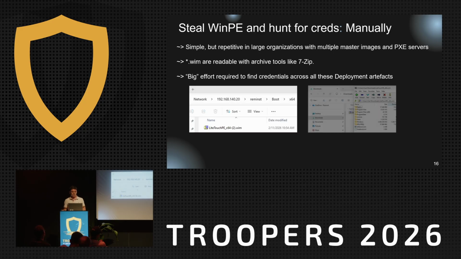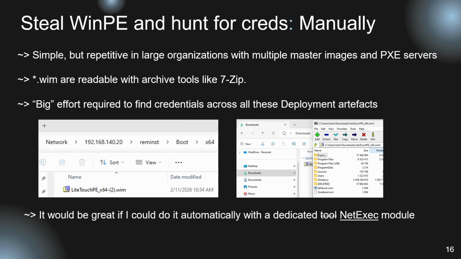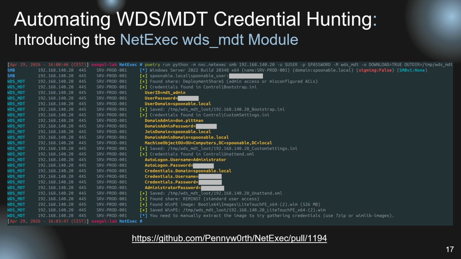For example, you open the file and you harvest the unattend.xml file, etc. So I was wondering, it would be great if I could do it automatically with a dedicated tool. So, a NetExec module.